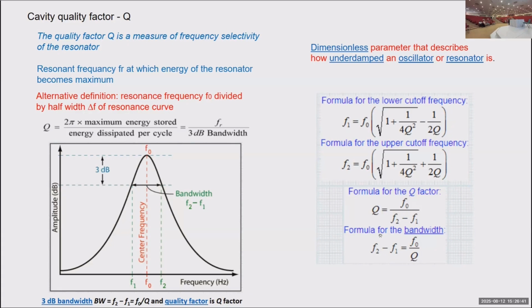That's the measurement. On the other side, you can find the lower and higher cutoff frequencies with such a formula.